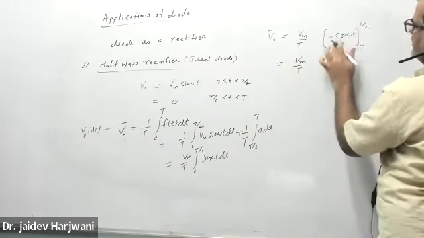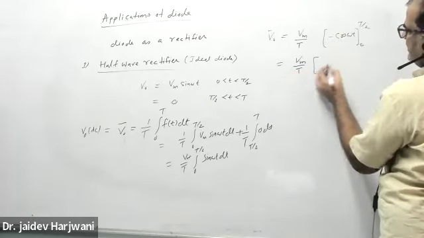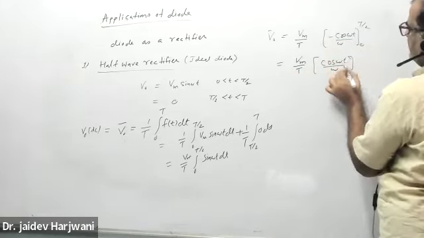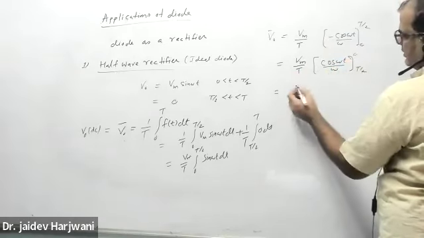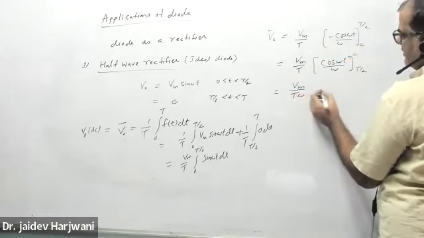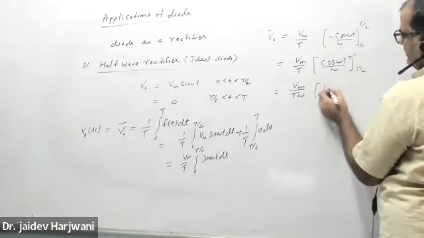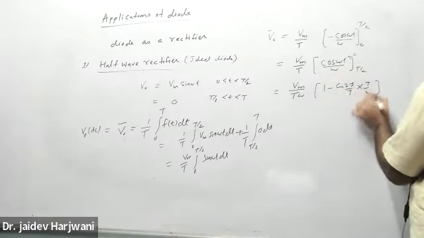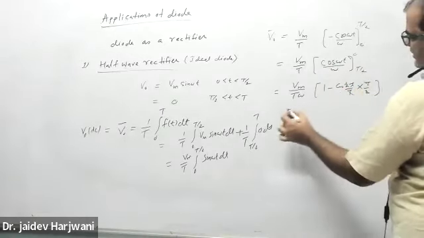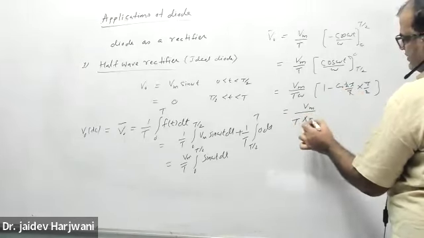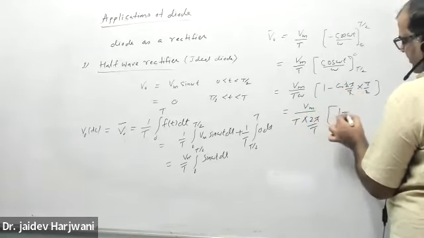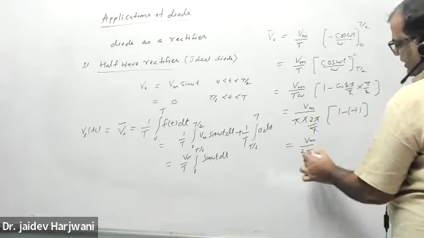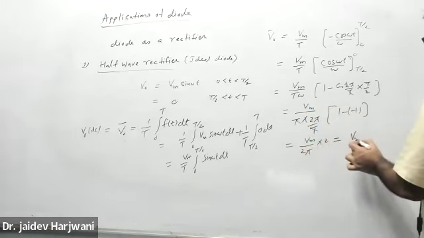I can interchange the limits. So this is Vm upon T omega, cos omega t at 0 is 1, and cos omega t I can write as 2 pi by T into T by 2, so the T cancels. So cos pi is minus 1, and this becomes Vm upon 2 pi into 2, that is Vm upon pi.